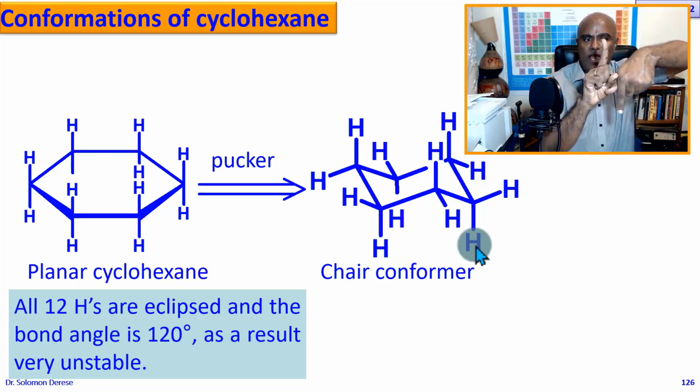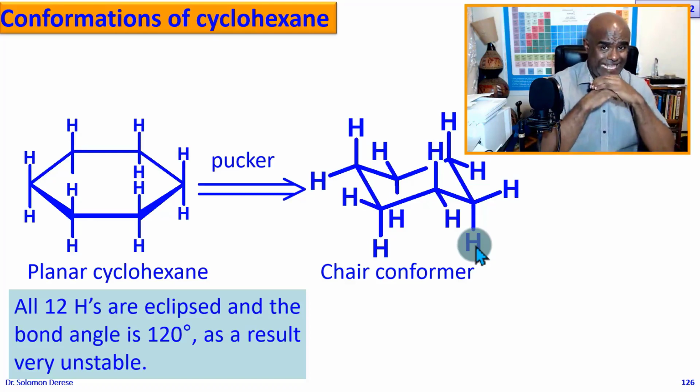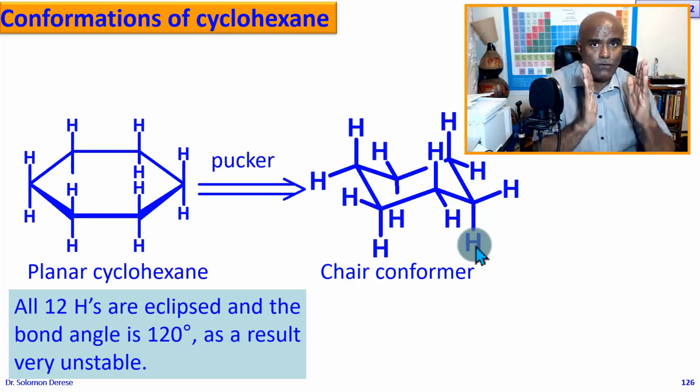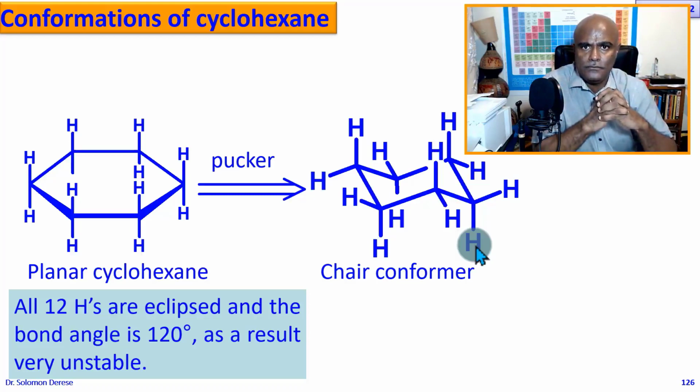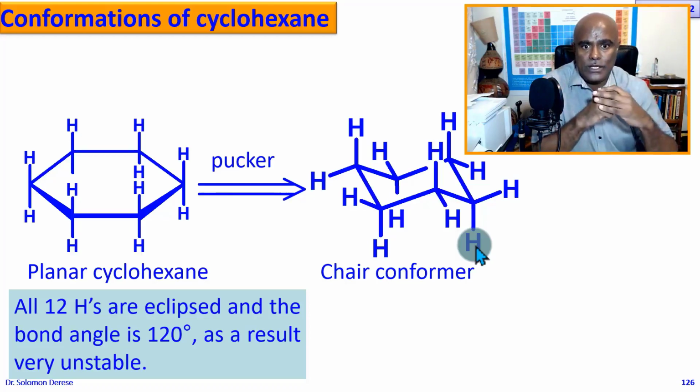This one facing up while the other one is facing down. So cyclohexane in its chair conformer does not suffer from any kind of torsional strain. It managed to completely eliminate the torsional strain.